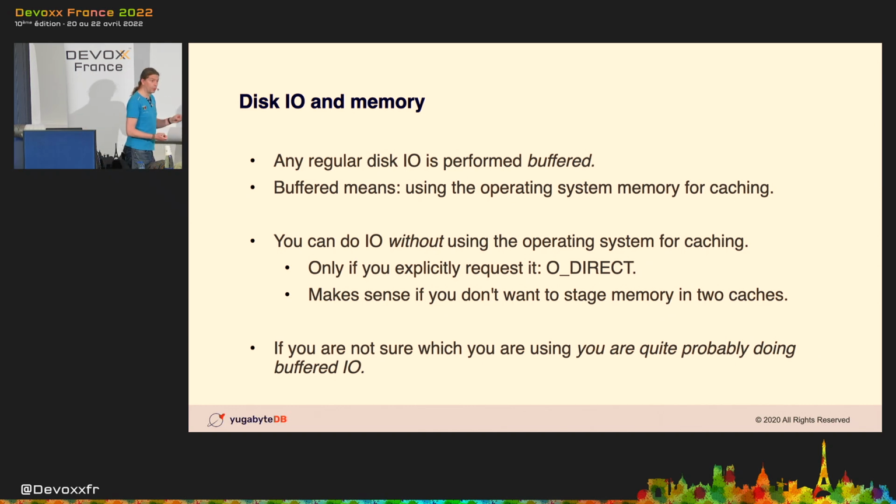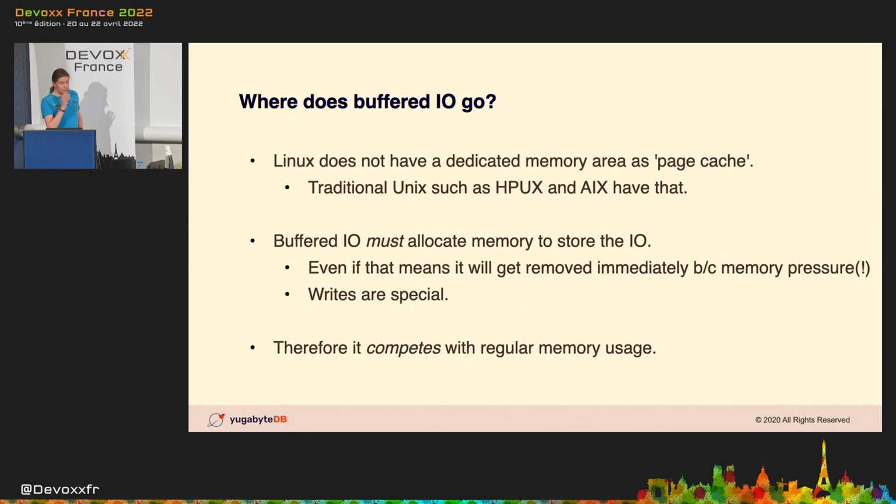For example, the Postgres database, which is increasingly more popular, and we also use it, uses buffered I/O and explicitly asks you to set a small cache for the database itself, and it tries to take advantage of the operating system doing the caching for it. That has some implications if you start using memory, which again, I think is an important topic to understand.